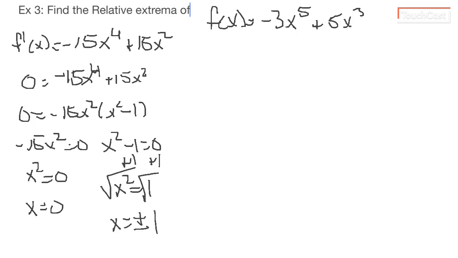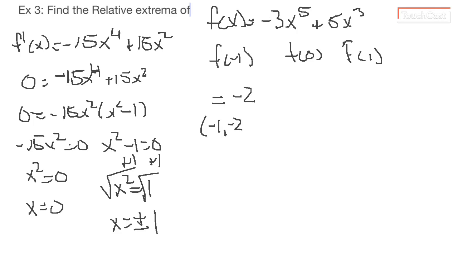Which means we're going to plug those values in for f to figure out the points where our max and mins could happen. So we're going to find f of negative 1, f of 0, and f of 1. So these are going to be relative extrema. F of negative 1, if I plug that into the original function, I'm going to get negative 2, which means we have an extrema at the point negative 1, negative 2.